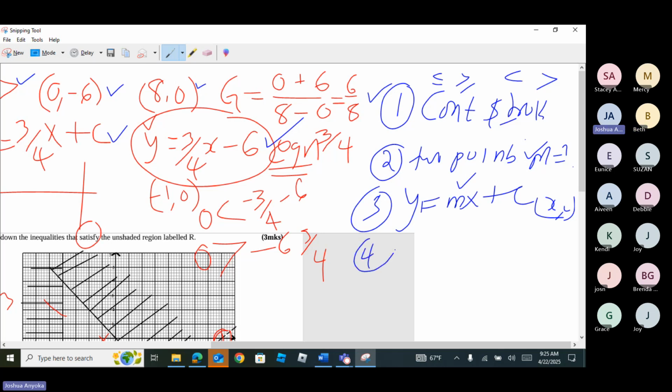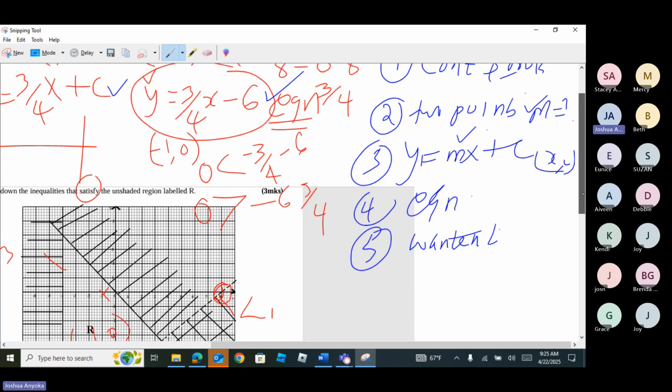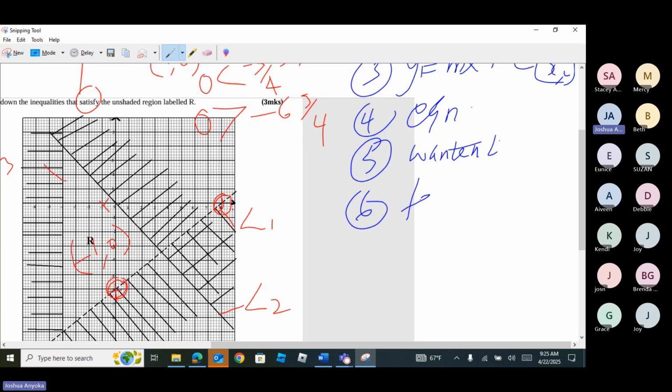Number 4, from the gradient you form an equation. From an equation, number 5, you choose 1 point inside the wanted region, a region that satisfies. Then number 6, you test. After testing, you choose which inequality to use, and then you substitute in the equation.